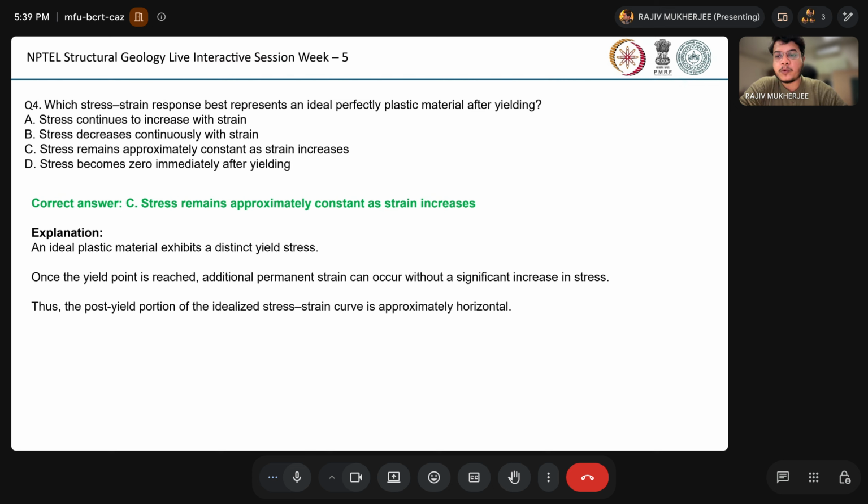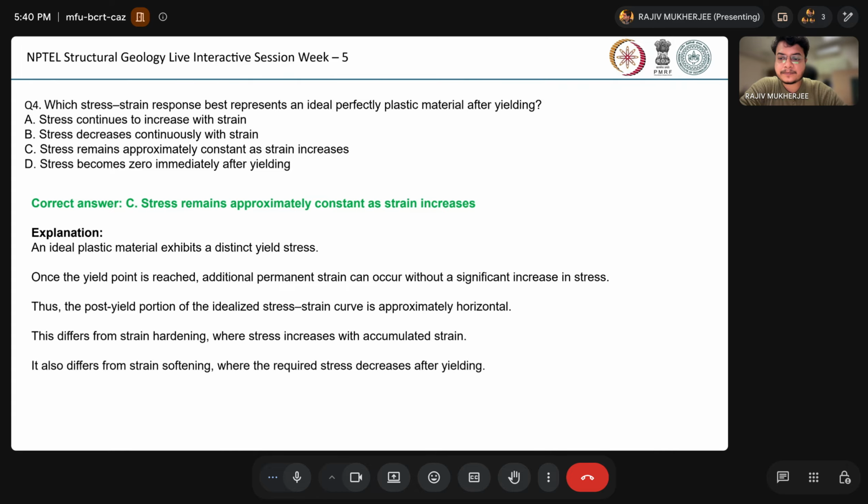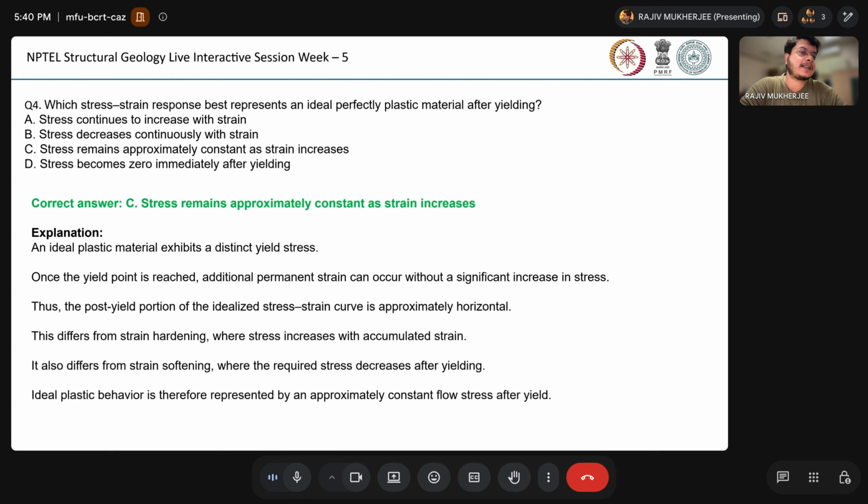Thus, the post-yield portion of the idealized stress strain curve is approximately horizontal. Now, this differs from strain hardening, where stress increases with accumulated strain. It also differs from strain softening, where the required stress decreases after yielding. So, ideal plastic behavior is represented by an approximately constant flow stress after yield.